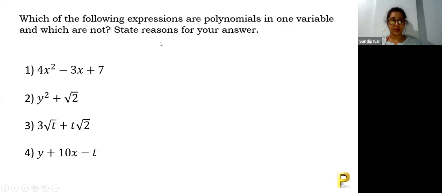State reasons for your answer. For these questions, first you have to find, is it a polynomial? And second, is it a polynomial in one variable? You have to find both these things. I'll give you a minute to find the answers to these questions.